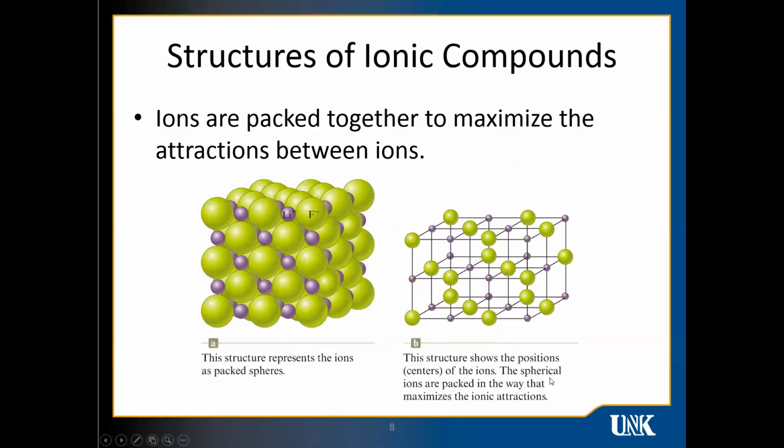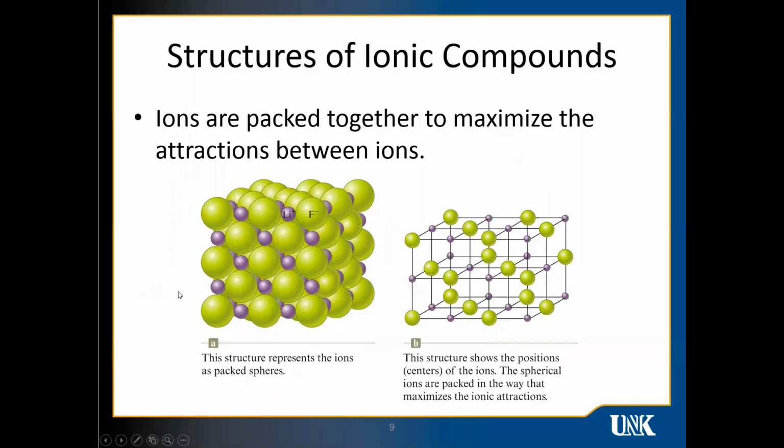Now, ionic compounds generally have very rigid and ordered crystalline structures. These ions are attracted together so that they pack together as closely as they can, and every positive ion is completely surrounded by negative ions, and every negative ion is completely surrounded by positive ions.